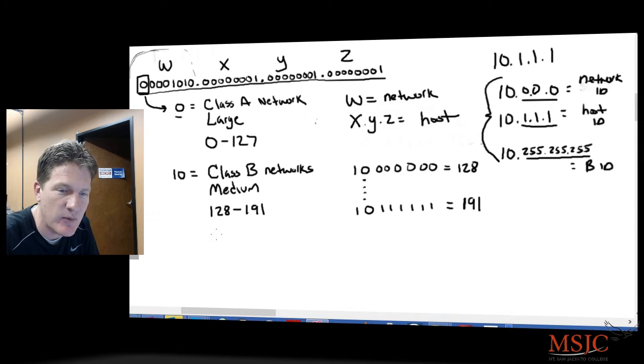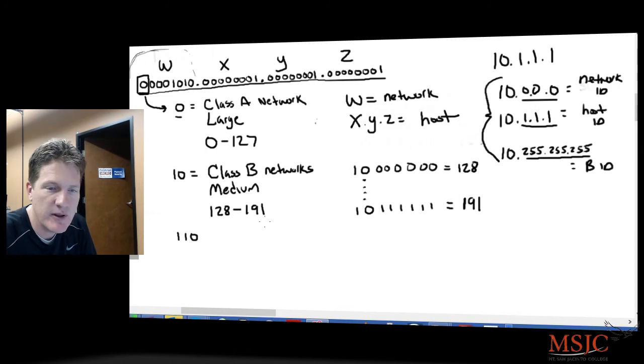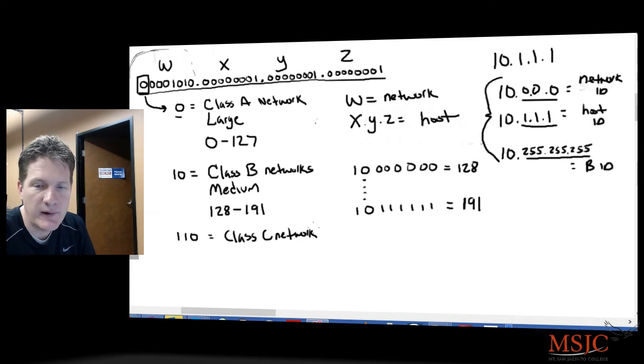Class C networks were when the first few bits were set to 110. So we could do the same thing. That would be 110 followed by 5 zeros, so that was 192.